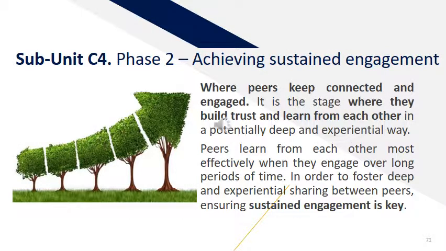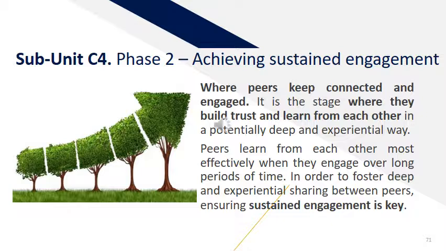Now we begin subunit C4, in which we talk about phase 2, with the objective of achieving sustained engagement. This is the stage in the peer training process map after the foundational engagement, where peers keep connected and engaged. It is the stage where they build trust and learn from each other in a potentially deep and experiential way.